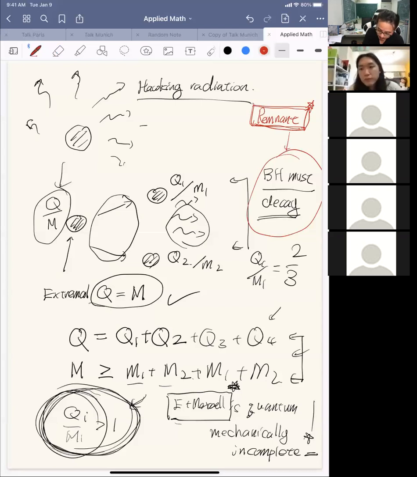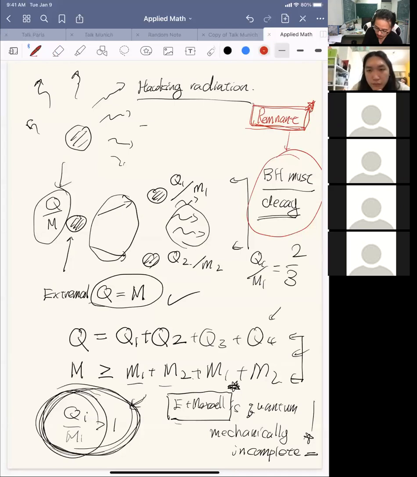And remember that if you have some remnants where Q over M is equal to 1, then there's an infinite number of these states. So whenever you're doing a Hilbert space discussion, there's an infinite number of states in your Hilbert space which you must sum over, and therefore your vacuum carries all these states, to put it simply. Okay, and therefore the sum over the Hilbert space will not converge.